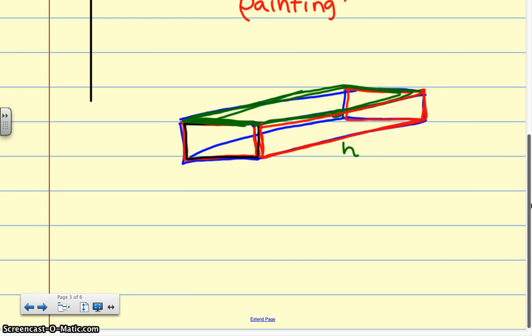I'm using the height times the right side of the base. If I wanted to find the area of the other side, again, I would use the height times the left side of my base. And if I wanted to find my bottom rectangle dimensions, I would do the height again times the bottom part of my base.